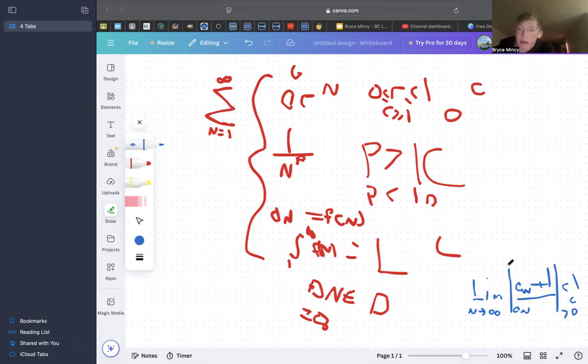It's also reverse for the root test, and the root test is just the limit as n goes to infinity, but it's the nth root of a_n, to the power of 1 over n, and whatever that limit goes to, if it's less than 1, it converges.